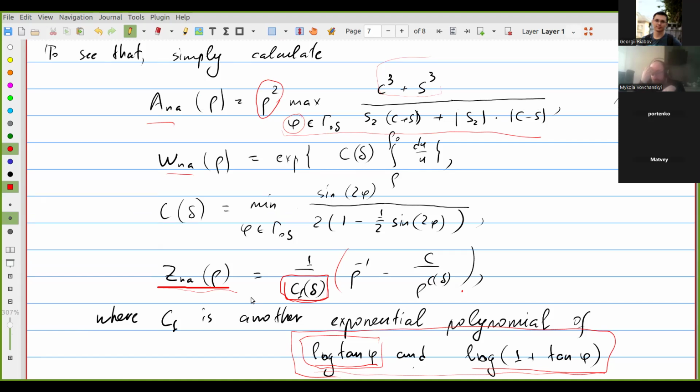For that one can use the standard arguments that the signed measure has only a finite number of switching points.